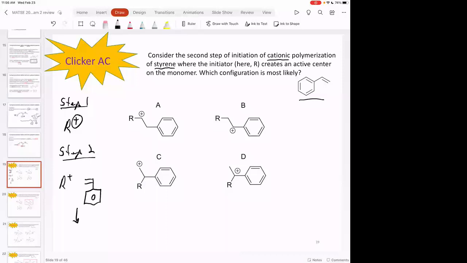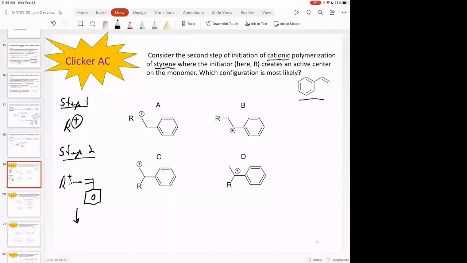So you can ring in. I think we've got 49 people today. So the question is, what kind of bond does this make? And where does the growing active center wind up? Because we're doing cationic polymerization, right? So that cation has to live somewhere, and we need to get the right type of bond.